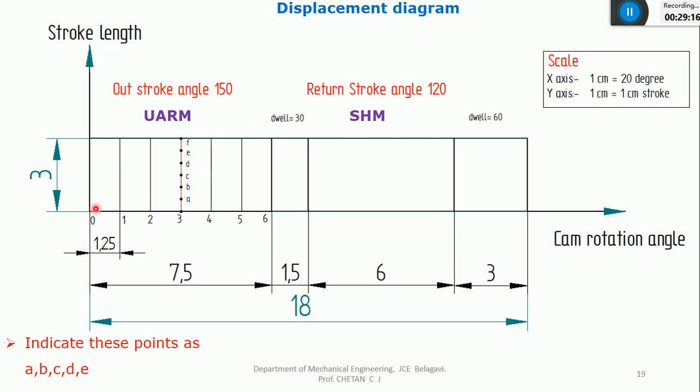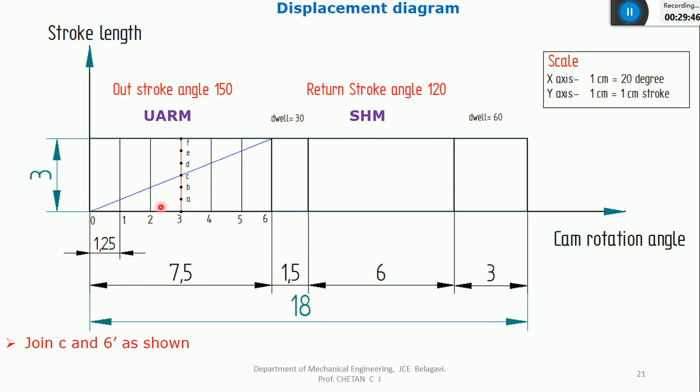So I'll start from the left bottommost corner and end with the right topmost corner. First I'll draw the diagonal passing through this point C, because the curve is moving in upward direction. From this point to this point, it is passing through the point C. After that, again I'll start from here.